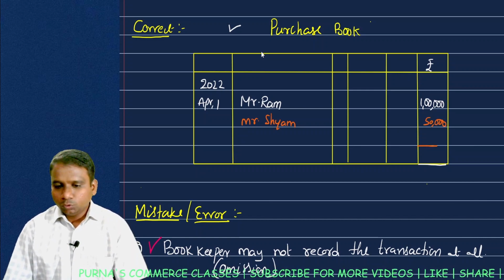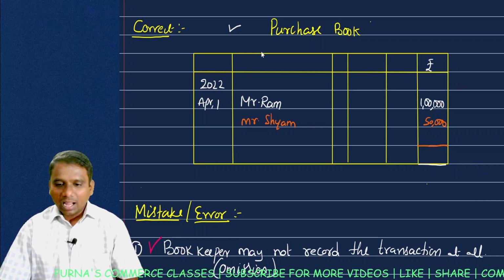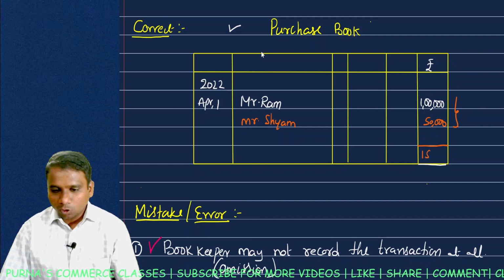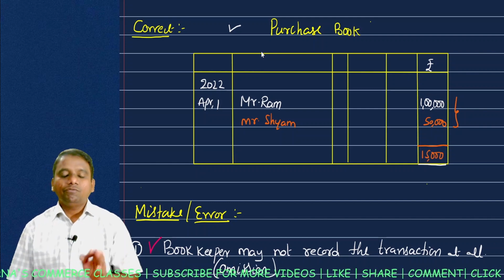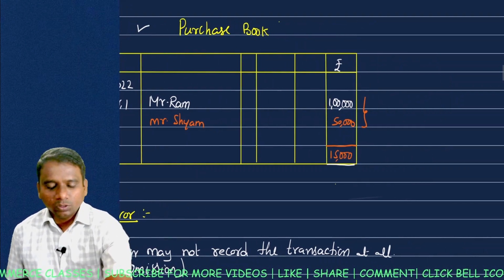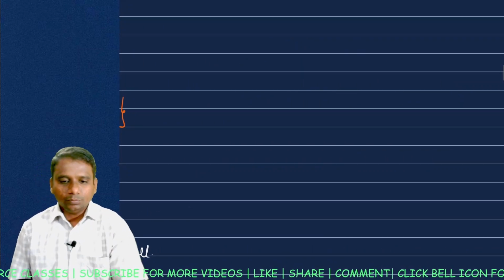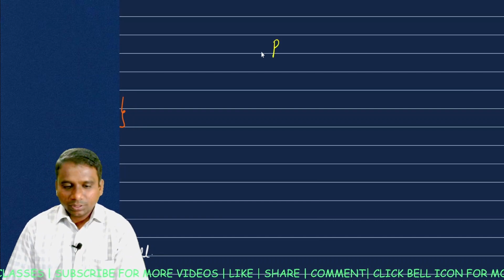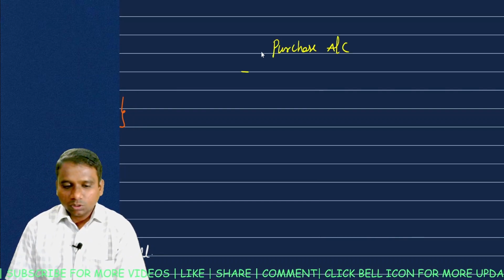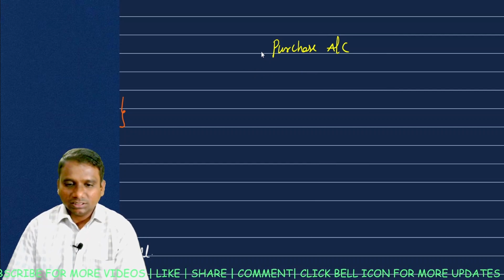Now this subsidiary book is periodically totaled. Actually, what is the total? 1,50,000. But how much am I totaling? 15,000. Now you people observe here, the purchase account. Now the same total, I'll take it to the purchase account.